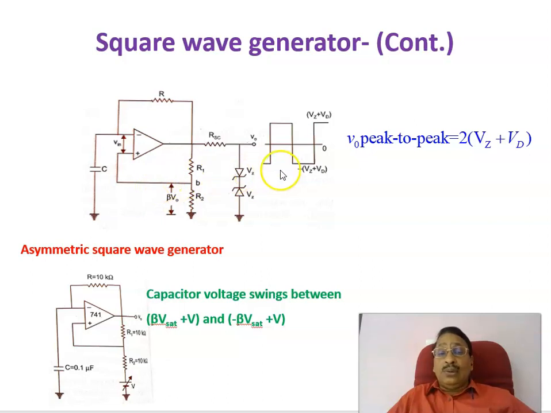But if you connect a Zener like this one, you can limit the output voltage. Two Zener diodes are connected back to back, with VZ as the Zener breakdown voltage.